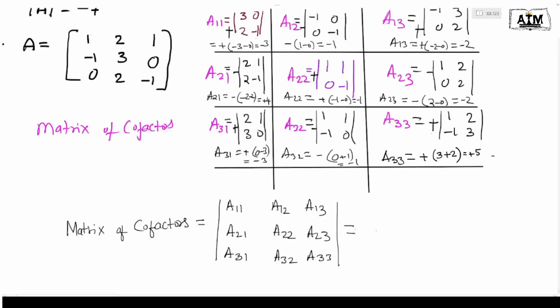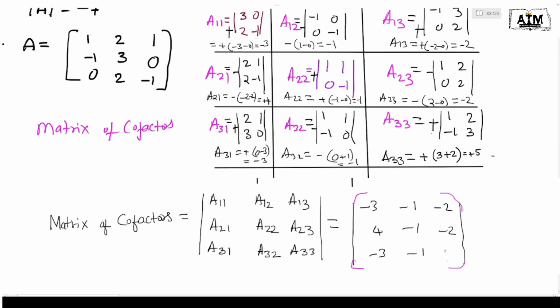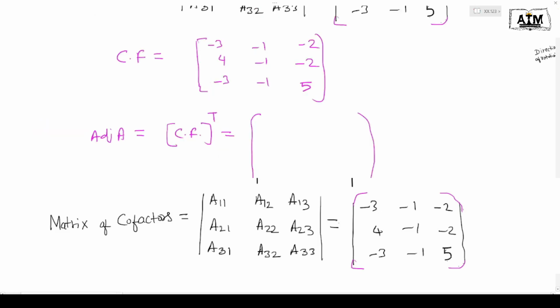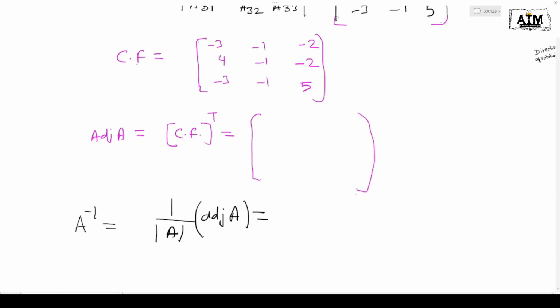Therefore, the matrix of cofactors equals [-3, -1, -2; 4, -1, -2; -3, -1, 5].